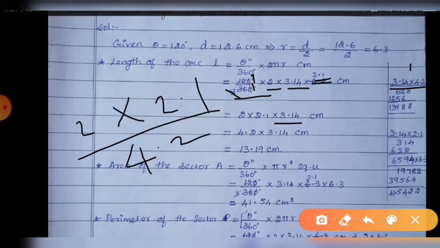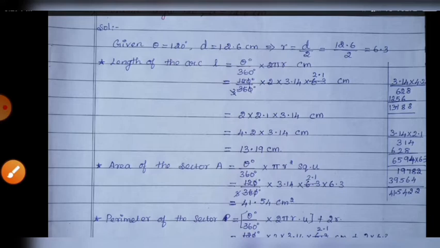Now add it: 8, and then 6 plus 2 8, and then 6 plus 5 11, 1 carries, 2 plus 1 3 and 1. Here our answer is 13.188. So it's a round off, we get 13.19 centimeter.